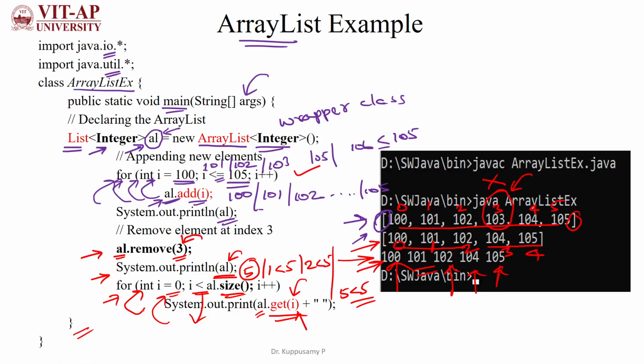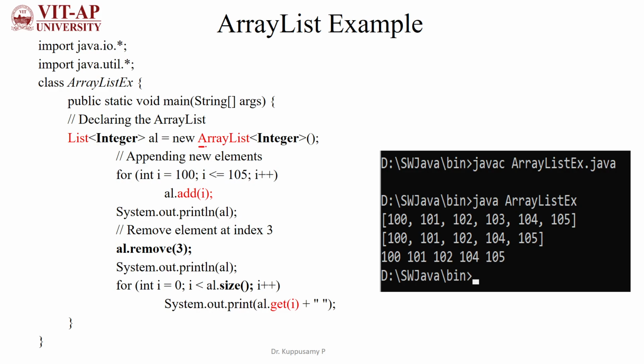Okay, so based upon that, you are observing here we are using the array list class to implement the list interface. Here you see we are adding the elements without representing the size of the array. Actually in primitive data types, in an array we will represent the size of the array, right?